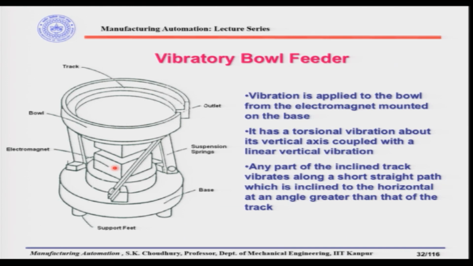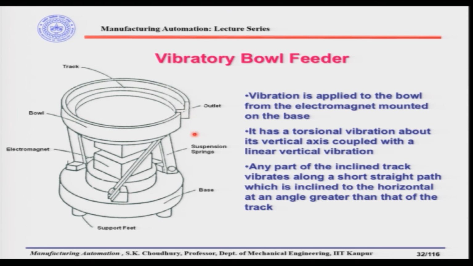That electromagnet imparts the vibration to the bowl and anything that is located in the bowl. Now, the small engineering parts will be located at the base of the bowl, and as the electromagnet imparts the vibration, it causes the parts to ride along the track of the vibratory bowl feeder and finally come out of this feeder. So, this is the outlet.